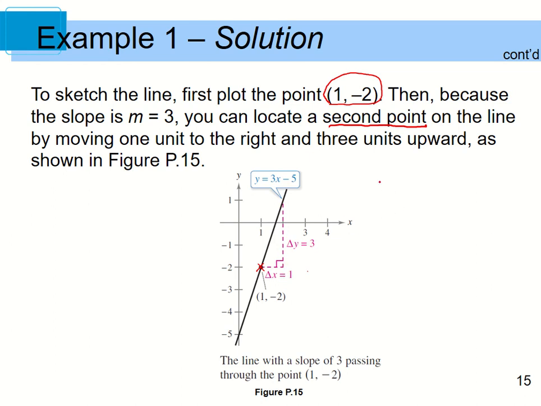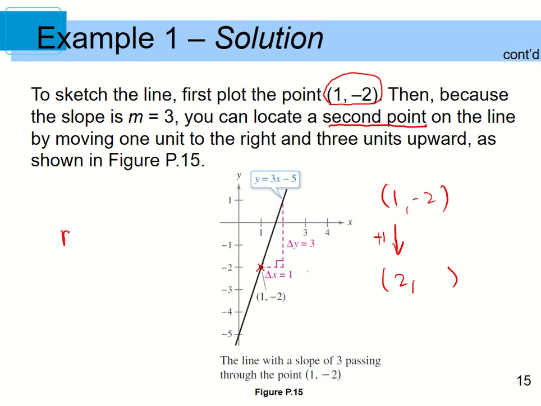So from this point, when the x increases by 1 unit, it will be 2, and when the y increases by 3 units because the slope is 3.